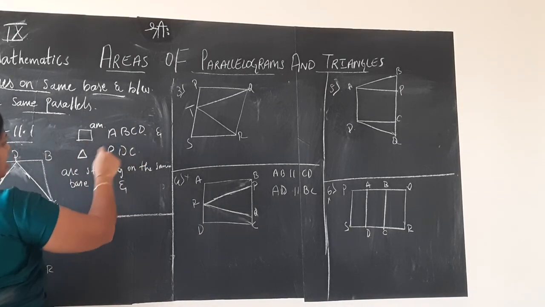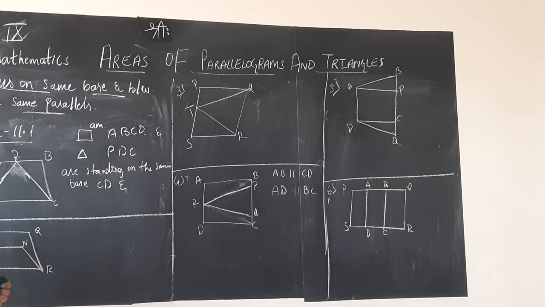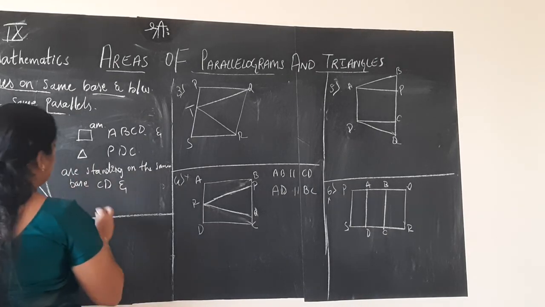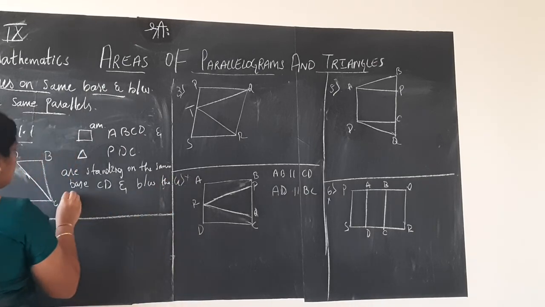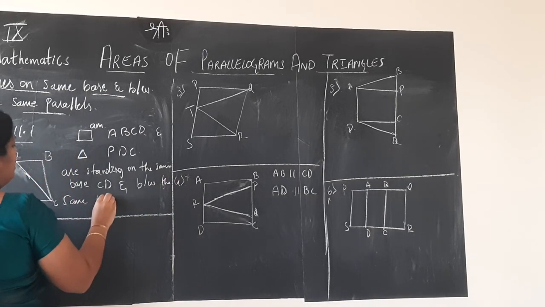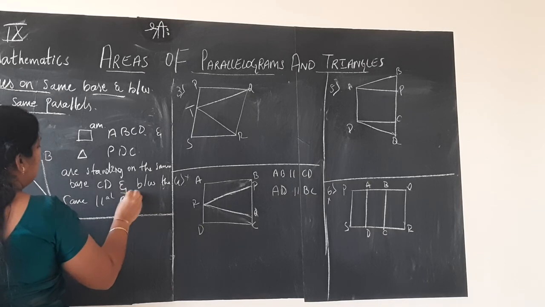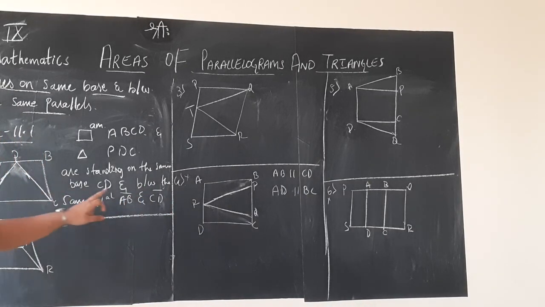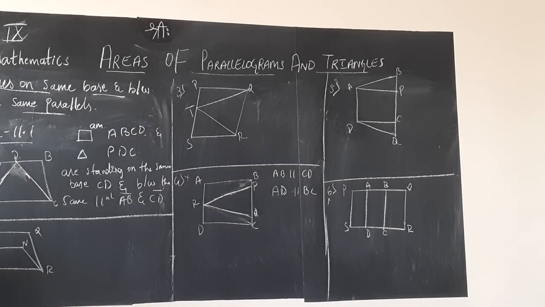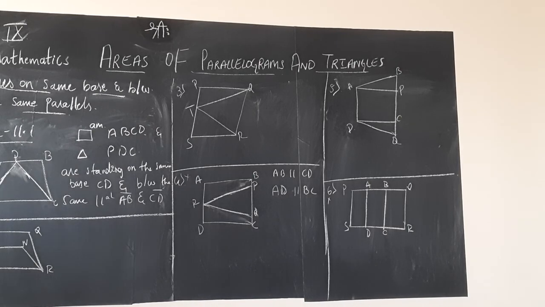So parallelogram ABCD and triangle PDC are standing on the same base CD and between the same parallels AB and CD. You should show the line segment bar over them, mentioning that they are sides. It is very simple: same base, between same parallels. When we solve more, you will understand.